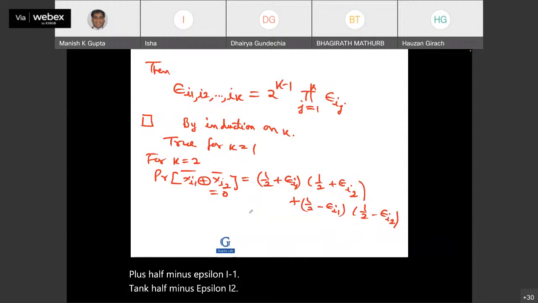When you simplify this, it turns out to be half plus 2 times epsilon i1 epsilon i2.